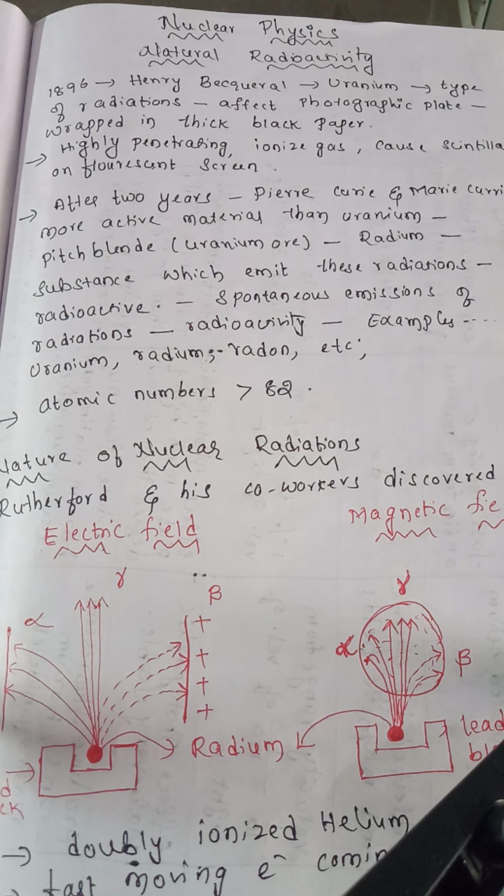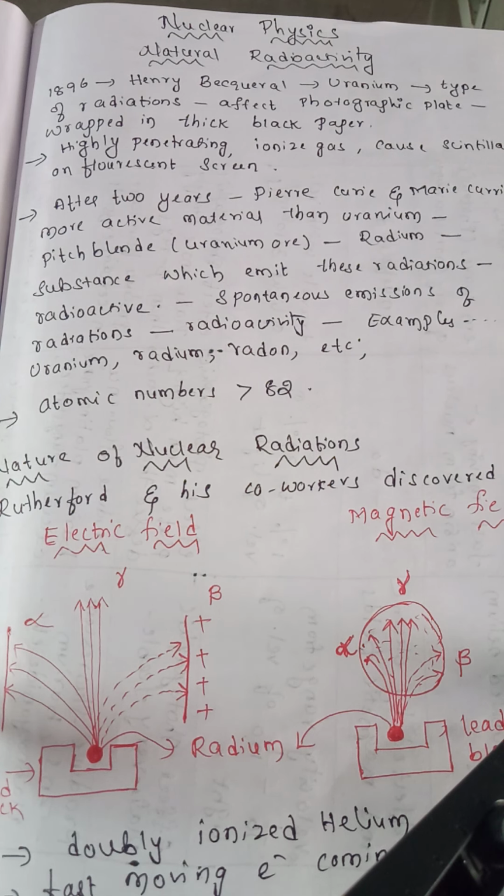The spontaneous emission of radiations, we call radioactivity. Some examples of radioactive materials are uranium, radium, radon, polonium, etc. The spontaneous emission of alpha, beta, gamma radiations takes place for substances whose atomic numbers are greater than 82.